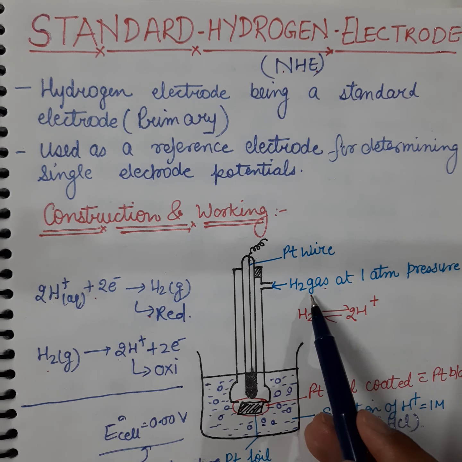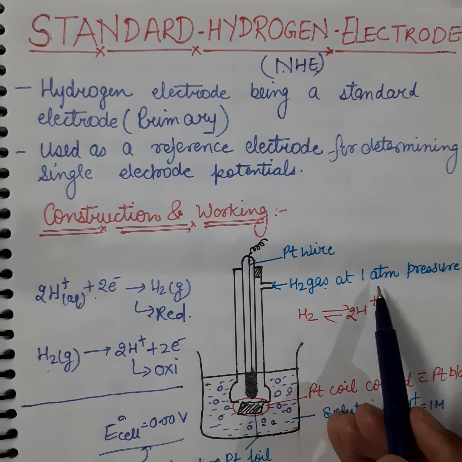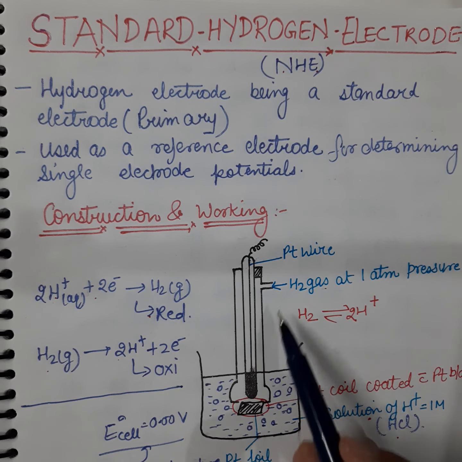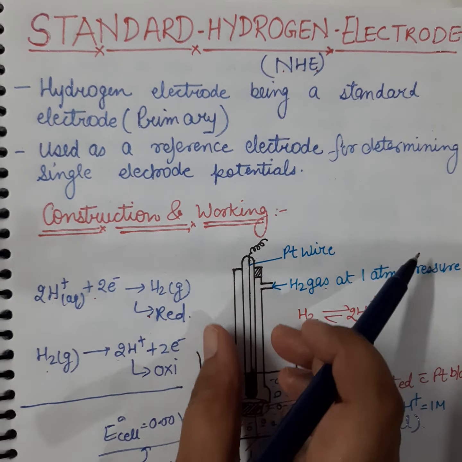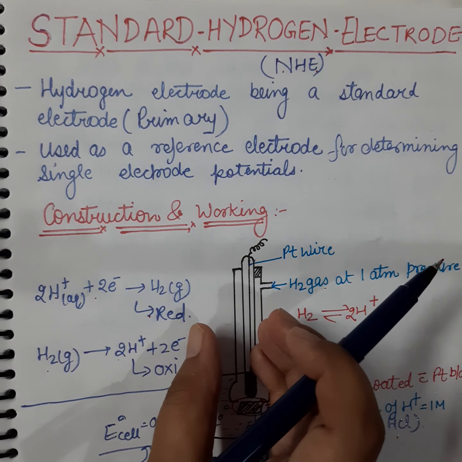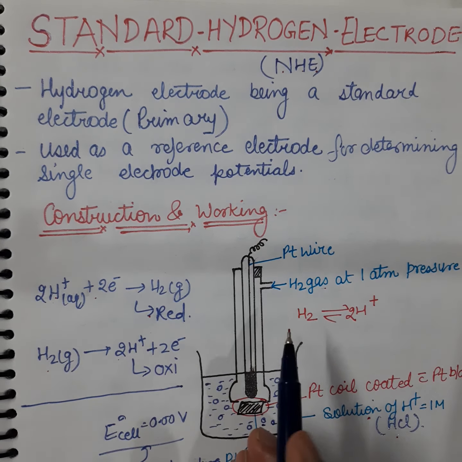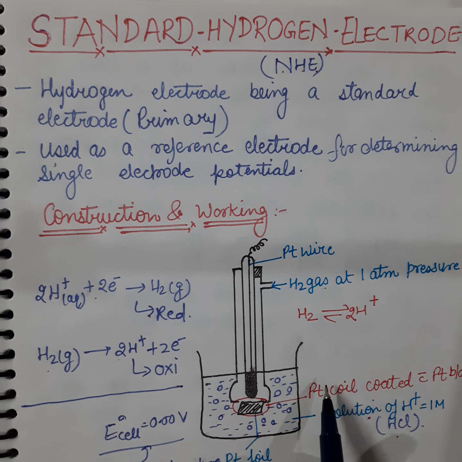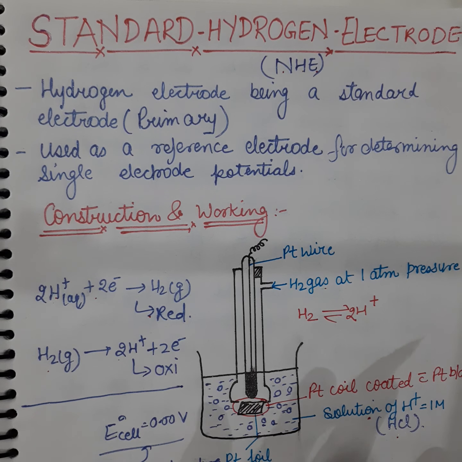The hydrogen gas at 1 atmospheric pressure is bubbled through the solution at 25 degrees Celsius, or students we can say 298 Kelvin. So that is a standard temperature.